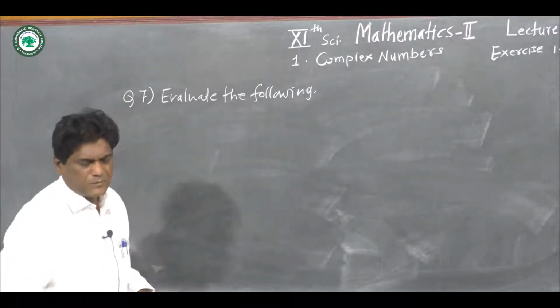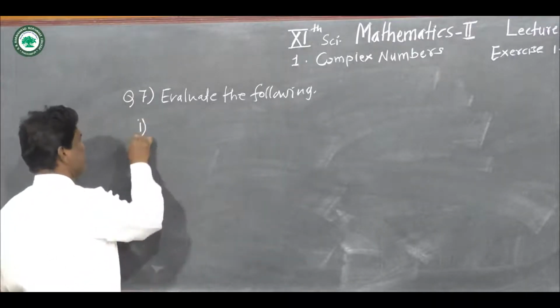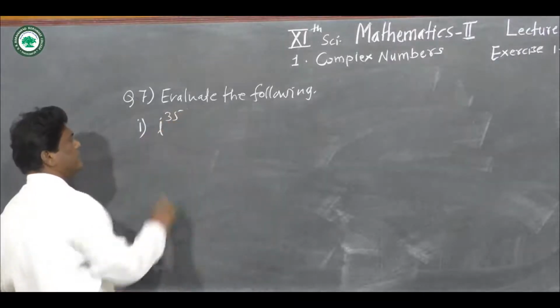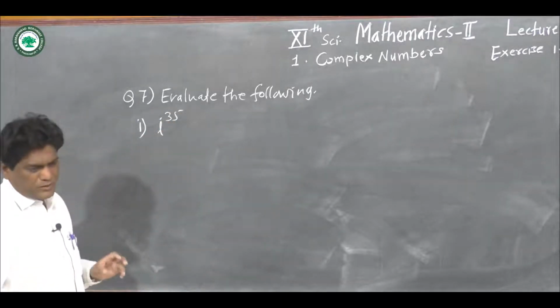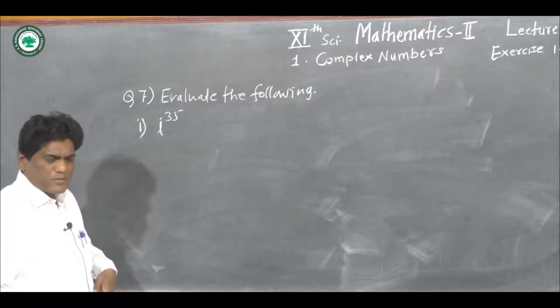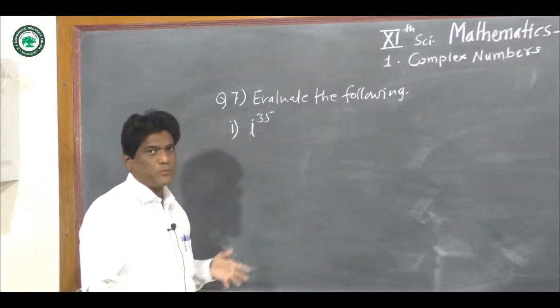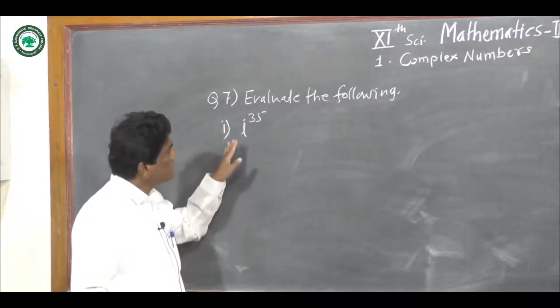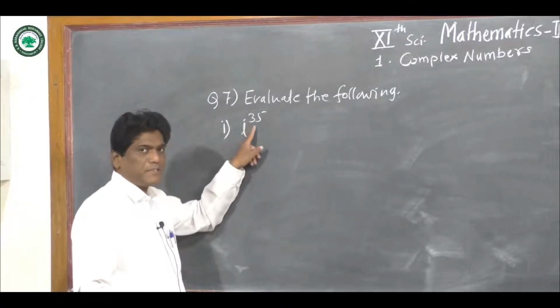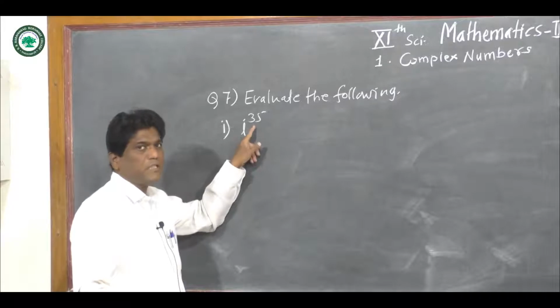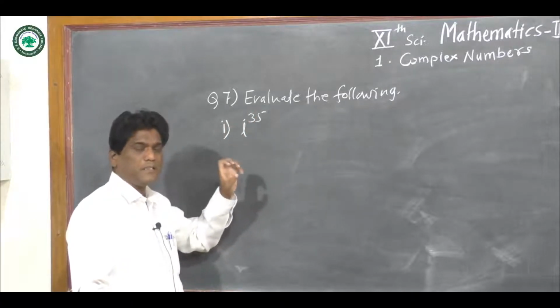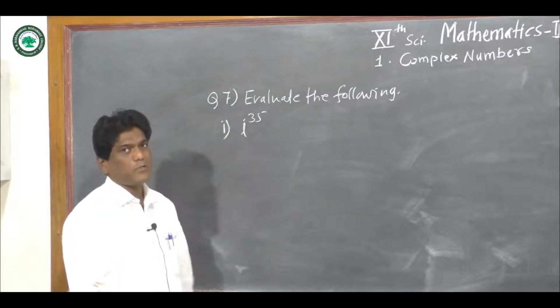First here, i to the power 35. That means here we have to find all the problems of powers of i, where the power is more than 4. Now we have to make this power a multiple of 4 and write the remainder as a separate power of i.